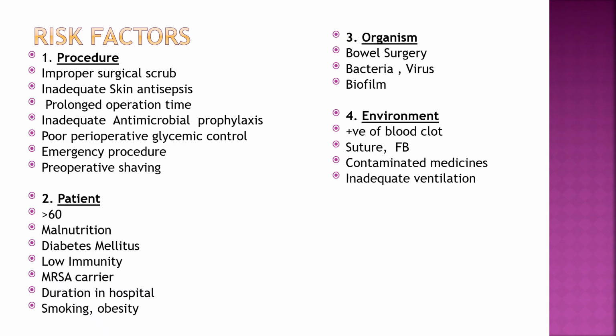Then according to the patient criteria: age more than 60, malnutrition, diabetes mellitus or other comorbid conditions, low immunity, MRSA carrier, longer duration in hospital, smoking, obesity. Then organism wise: bowel surgery, bacteria, viruses that form biofilm. Then environment: blood clots, sutures, foreign bodies, contaminated medicines, inadequate ventilation.